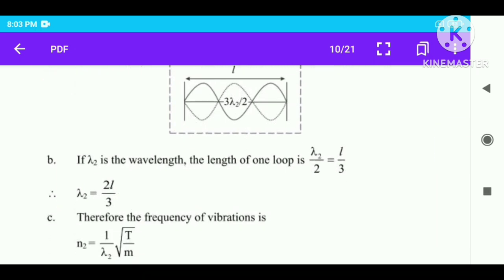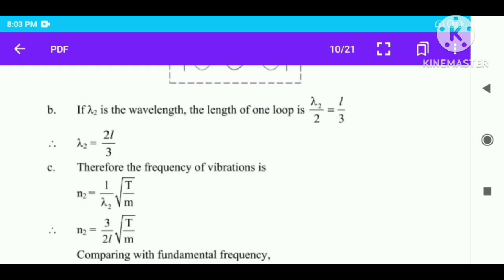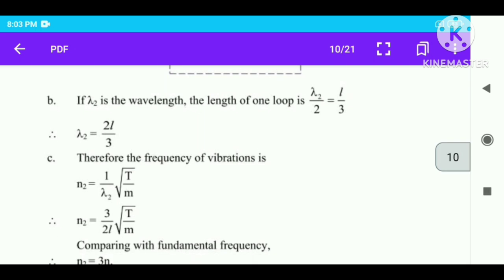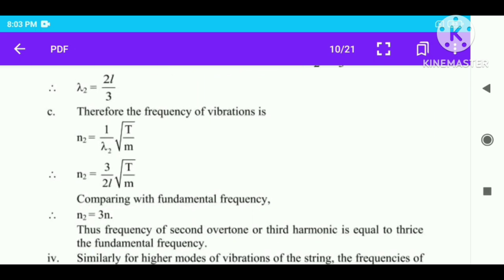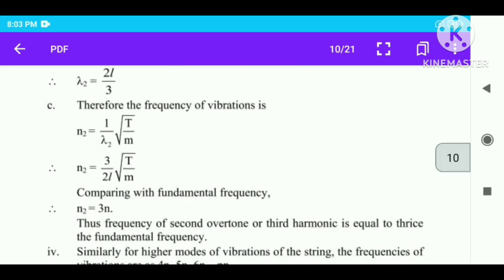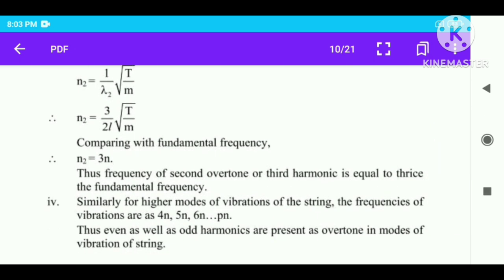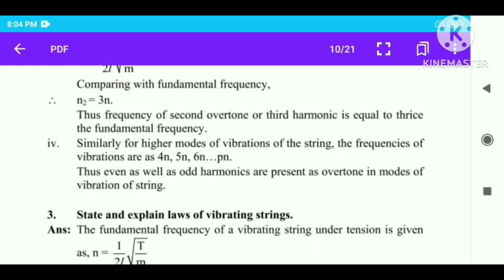Therefore lambda 2 is equal to 2L divided by 3. C: Therefore the frequency of vibration is n2 is equal to 1 upon lambda 2 under root T by m. Therefore n2 is equal to 3 divided by 2L under root T by m. Comparing with the fundamental frequency, n2 is equal to 3n. The frequency of the second overtone or third harmonic is equal to thrice the fundamental frequency.